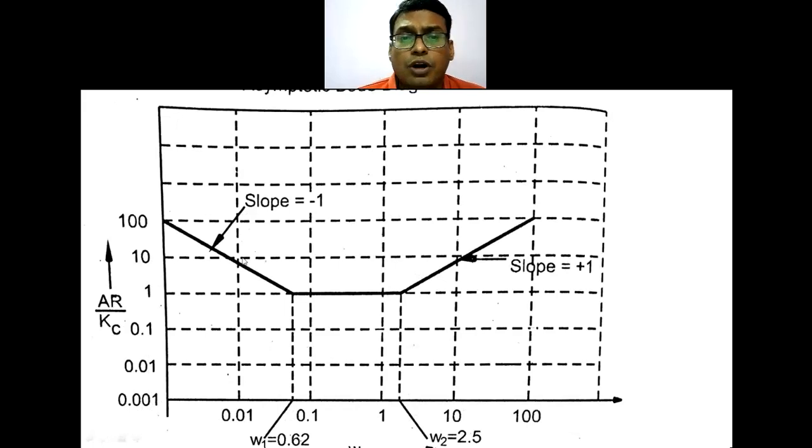So we will plot a line with a slope of minus 1.